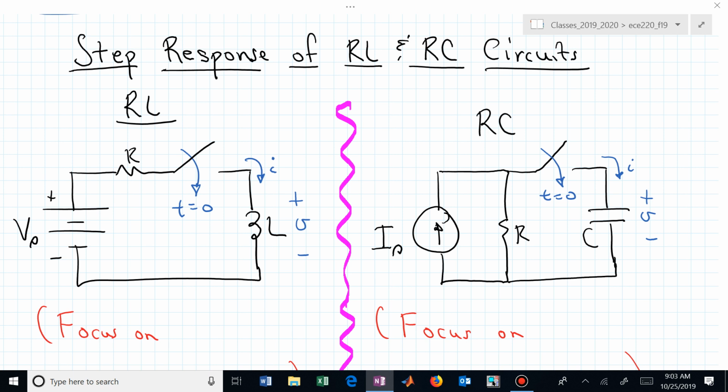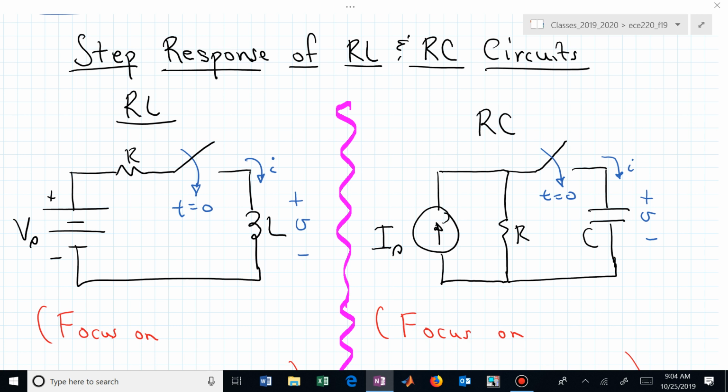We have a Thevenin source driving the inductor. But we now want to examine what happens when these systems now are excited with a constant waveform starting at, let's say, sometime 0 or t sub 0.